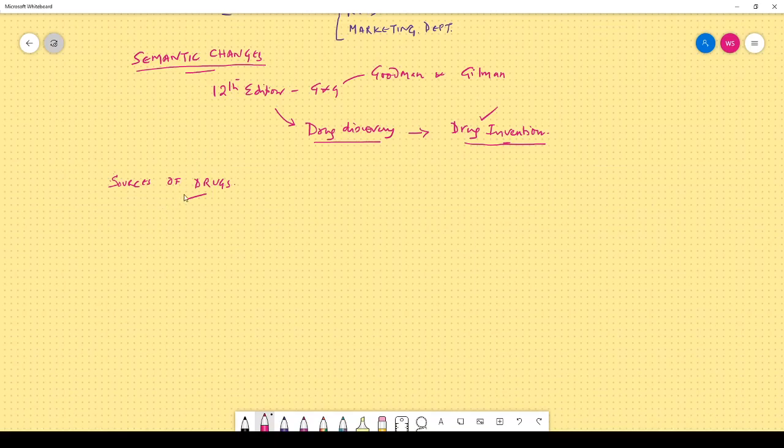Sources of drug, meaning what are the preclinical strategies employed for inventing new drugs.